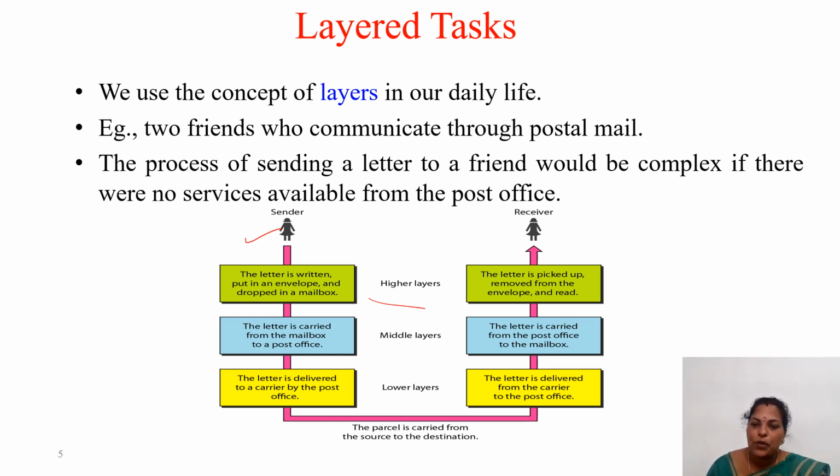And in the destination, what happens? If we are in one state, sending a letter to another state, the friend is staying in another state. So what happens? One main head post office is there. They just see the pin code and they send the letter to the concerned state or the head post office or main post office in that particular area.